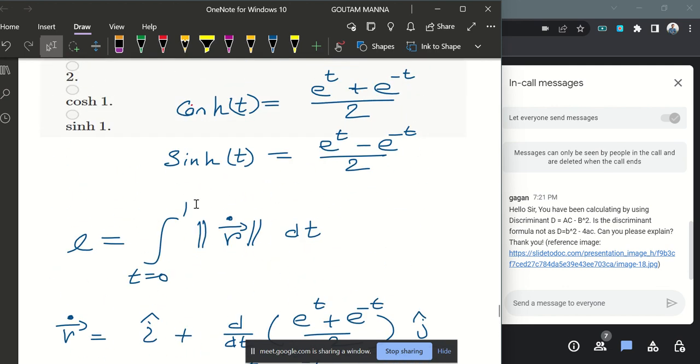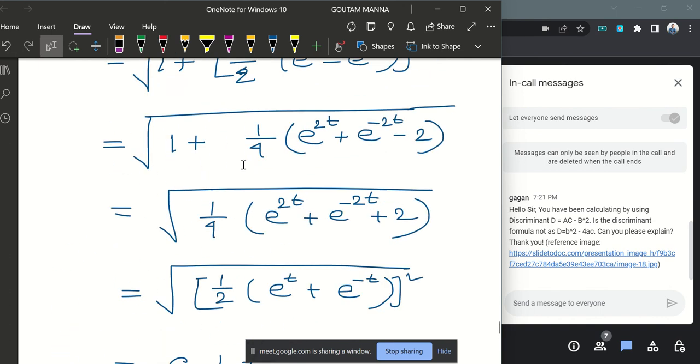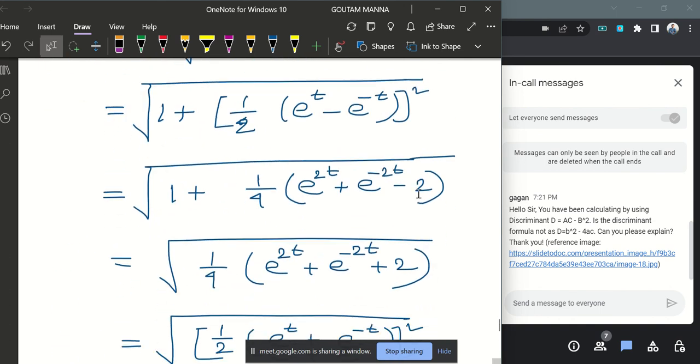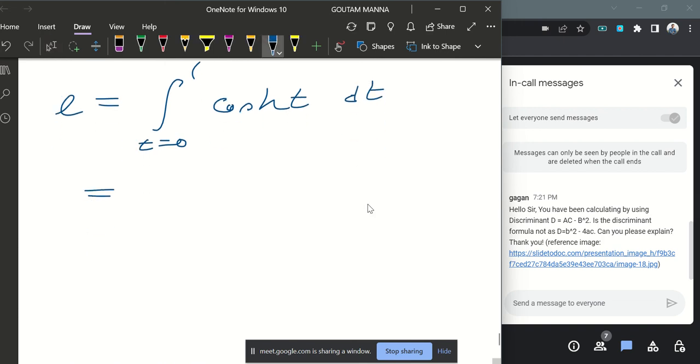So in that case, the arc length L is the integration from t equals 0 to 1 of cosh t, which is the modulus of the velocity vector, times dt. So now cosh t you can write as 1/2 (e^t + e^(-t)) dt.